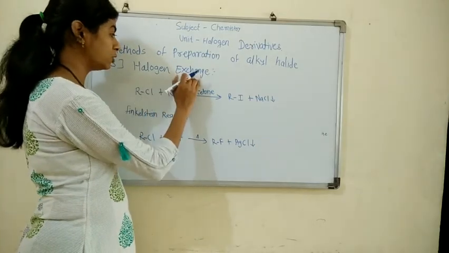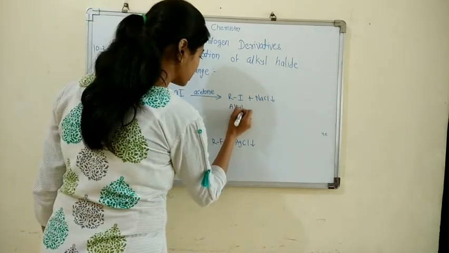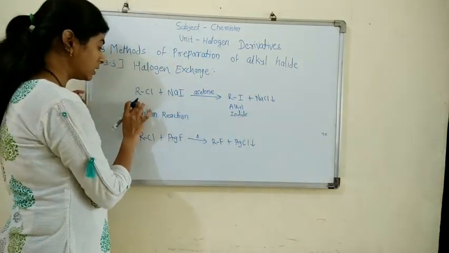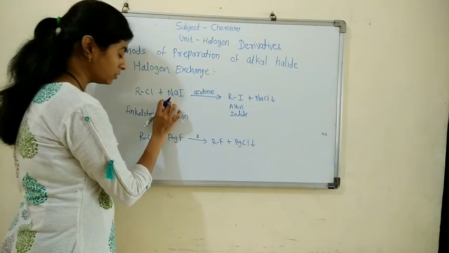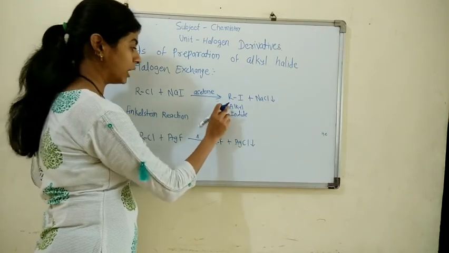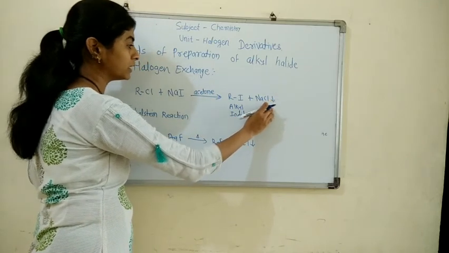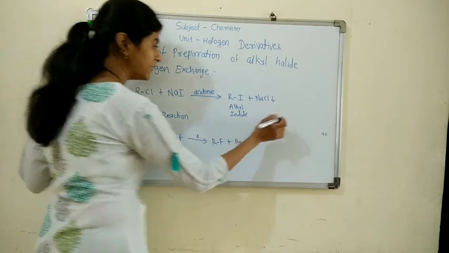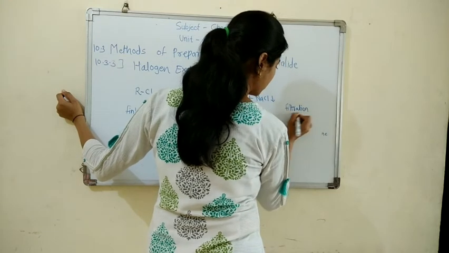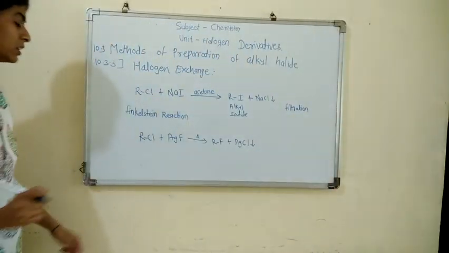The next method is halogen exchange. In halogen exchange, alkyl iodides are prepared by treating alkyl chloride with sodium iodide in acetone solution. So alkyl iodide is the product and NaCl is precipitated in the solution, which can be separated out by the filtration method.